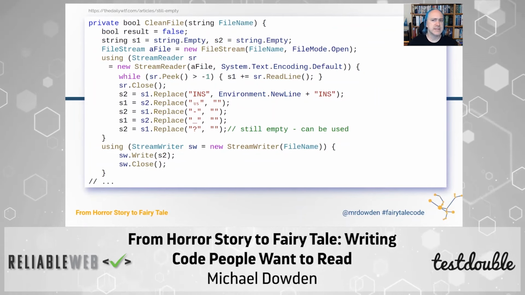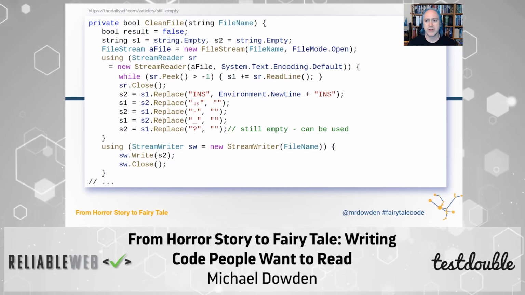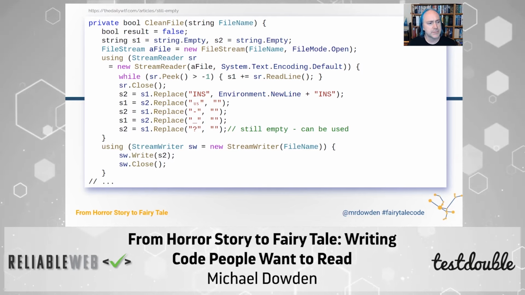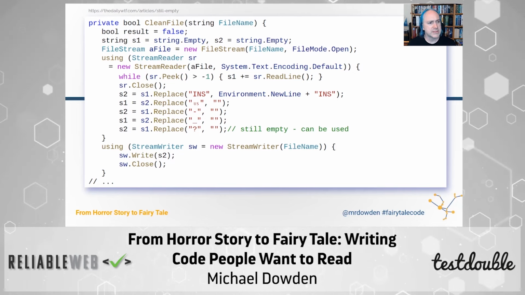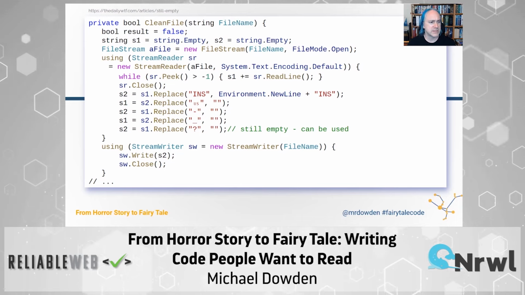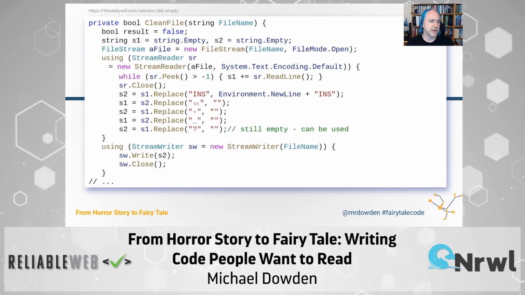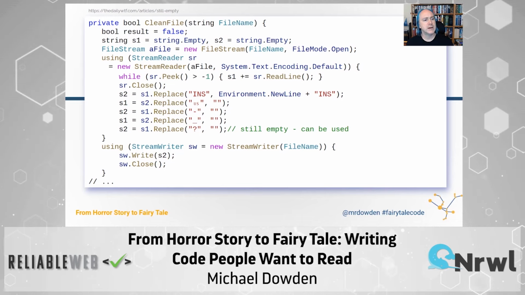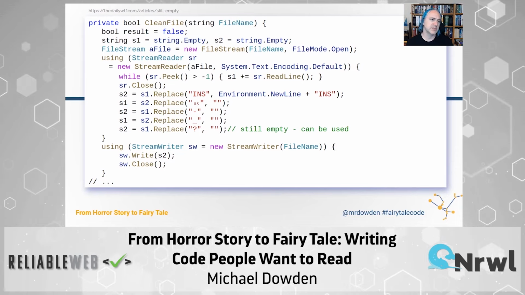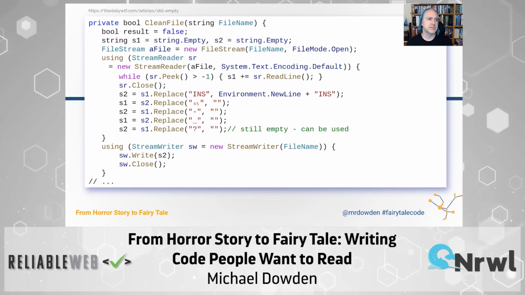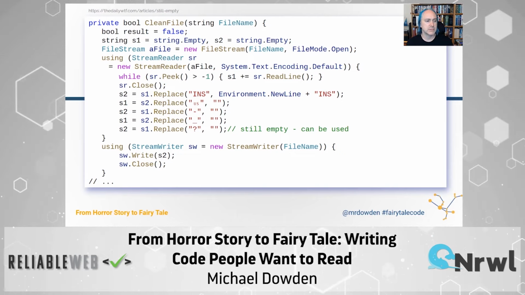So this is another counterexample, where variable names are an indication of a problem. You see you have this S1, S2. And you look down a little bit lower and you see that S2 equals S1 dot replace, then S1 equals S2 dot replace, back and forth and back and forth. A few things are possible. One of the things that's likely is that the person that wrote this didn't really understand that they could keep reassigning the same variable over and over again.